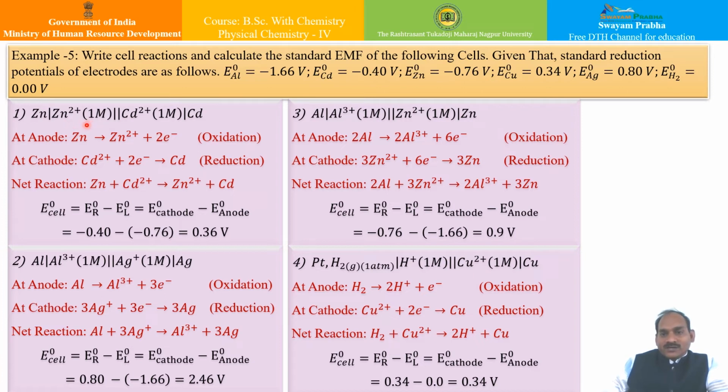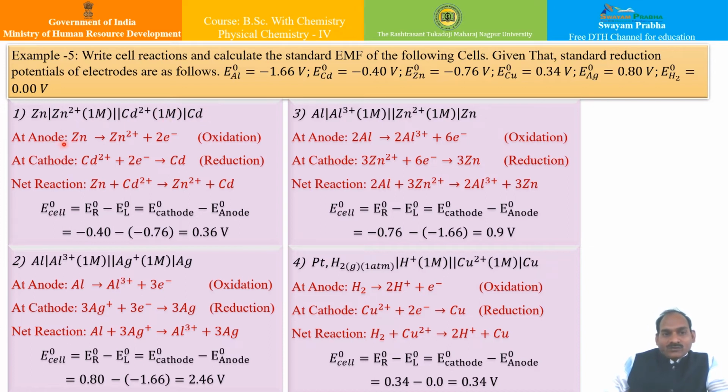The standard reduction potential is given, and therefore the concentration must be 1 molar. This is in contact with the cadmium electrode, which is put in cadmium ion solution, and the two solutions are connected internally by a salt bridge.